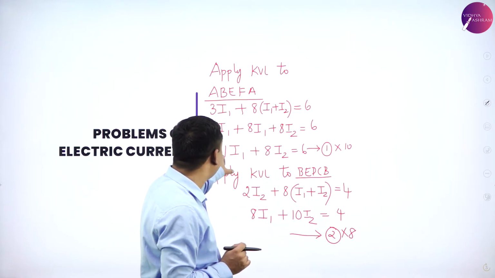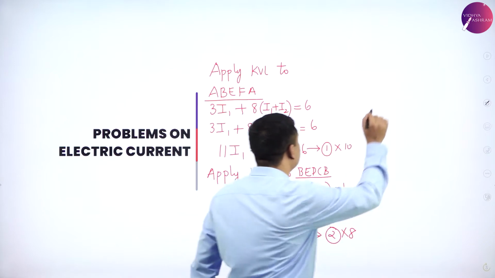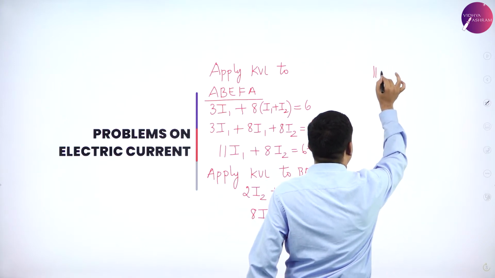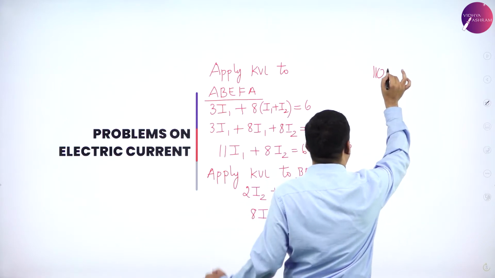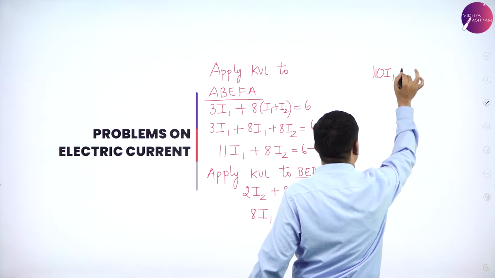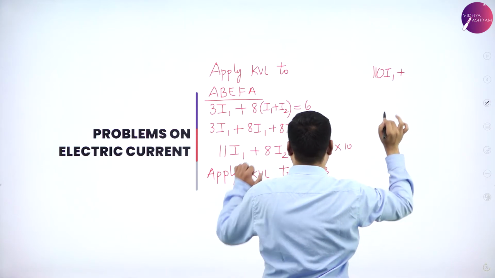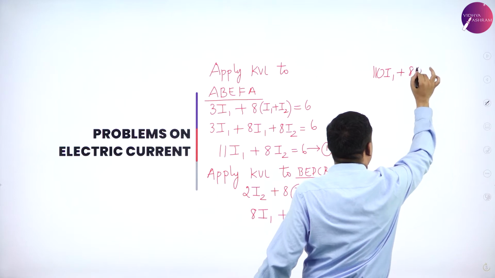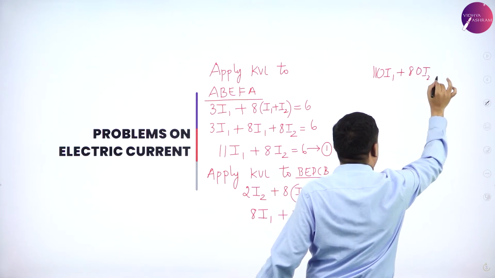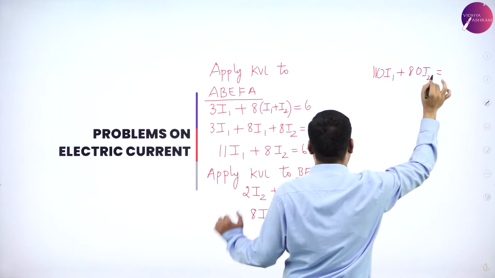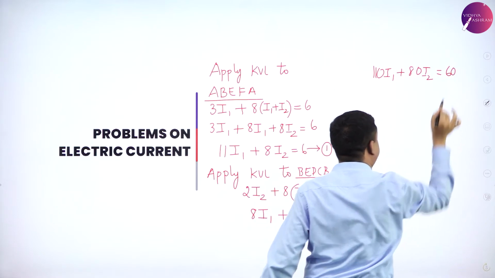So on multiplication, 11 into 10 is 110 I1 plus 80 I2 equals 60.